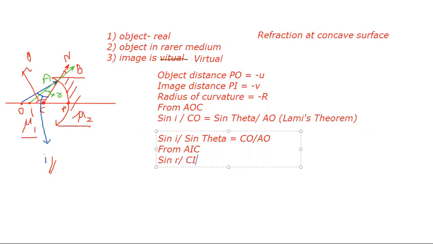So sin r by CI is equal to sin theta by AI. So we can write sin r by sin theta is equal to CI by AI.